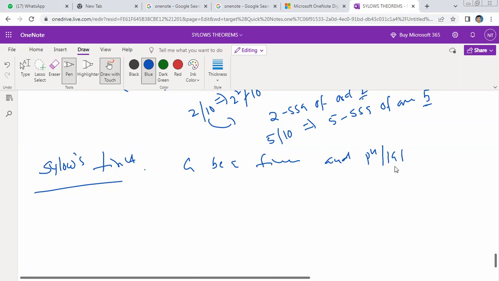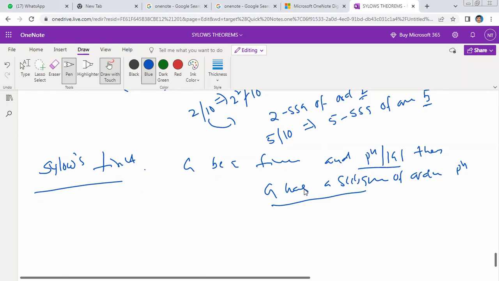Then G has a subgroup of order P to the power n. If P to the power n divides the order of G, then G must have a subgroup whose order is P to the power n. This is the statement of Sylow's first theorem.